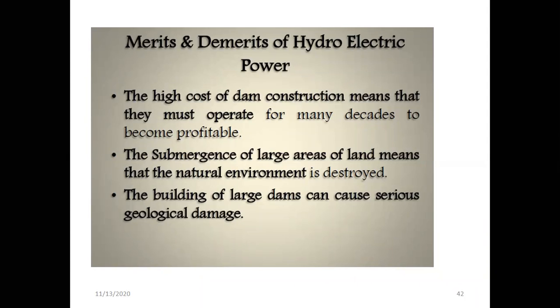The aquatic life, like the fish, are also affected, because they cannot swim from one side to the other. However, some measures are put in place to mitigate some of the impacts of the hydropower plant on the environment. Building of dams can also cause serious geological damage.